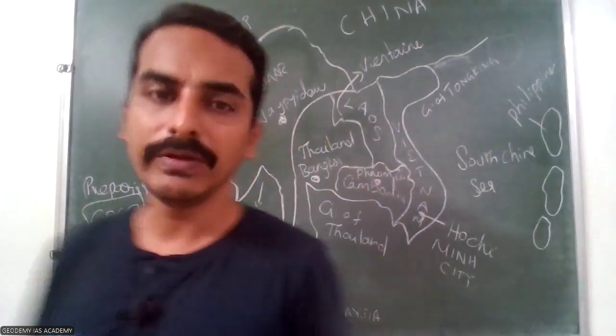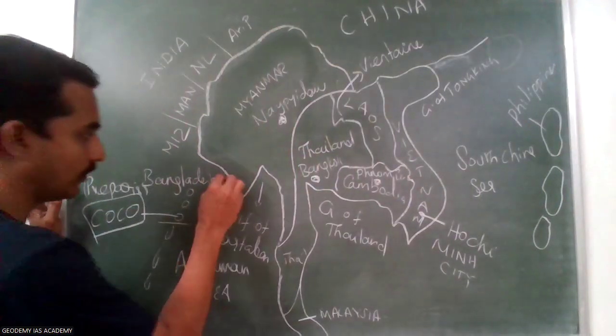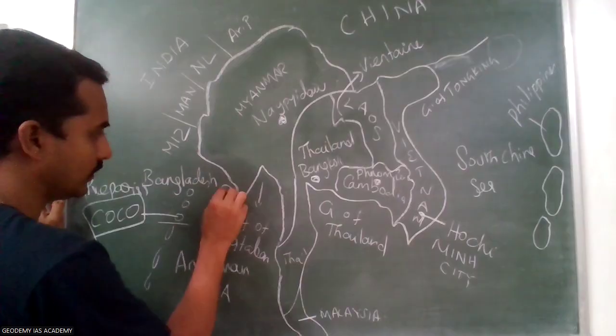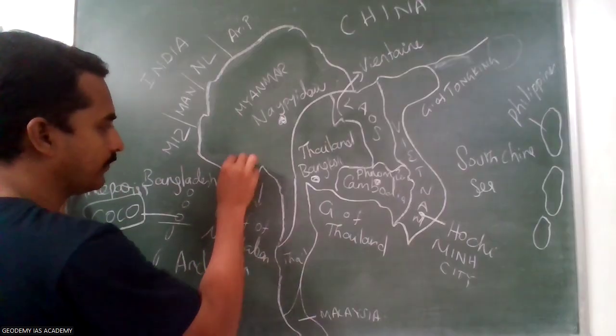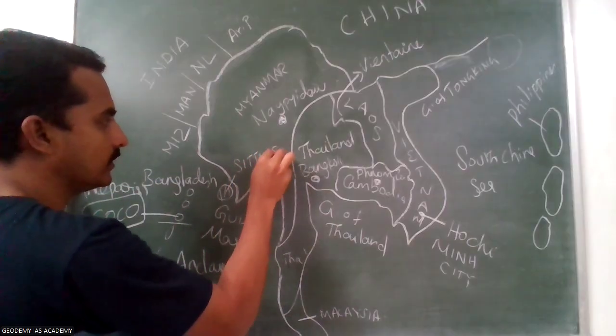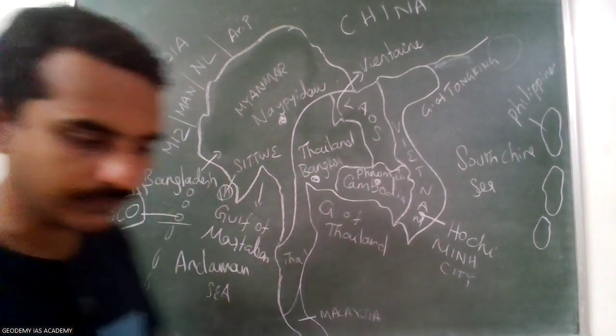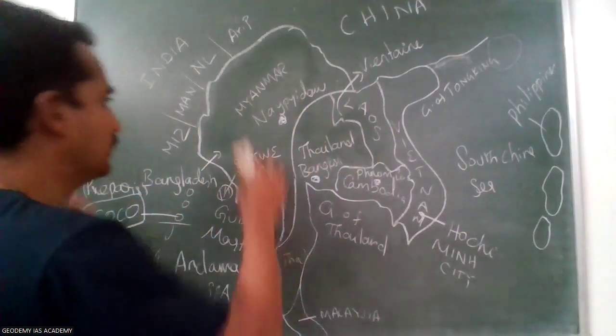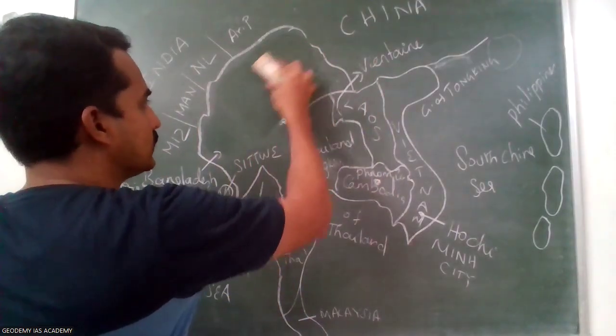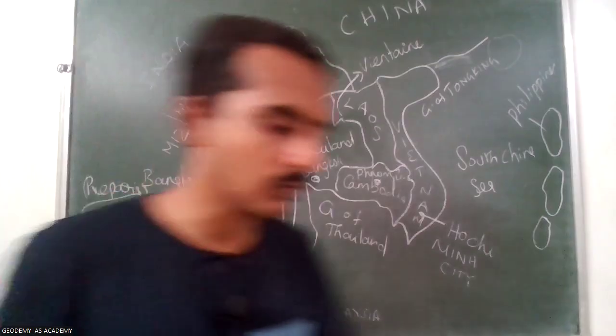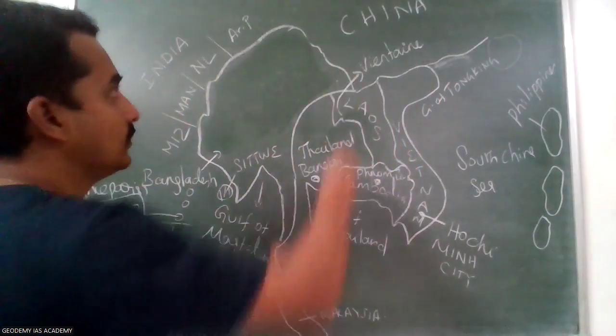And Sittwe Island, Sittwe Port, that is more important, which was in the current issues. Okay, Sittwe Port here. Sittwe and Kyaukpyu Island, that is also more important because of China's involvement, the train route is being developed between the Kyaukpyu Island to China, Yunnan province.